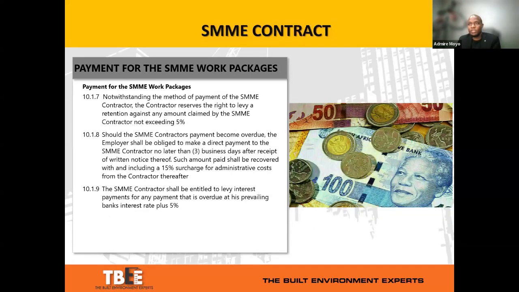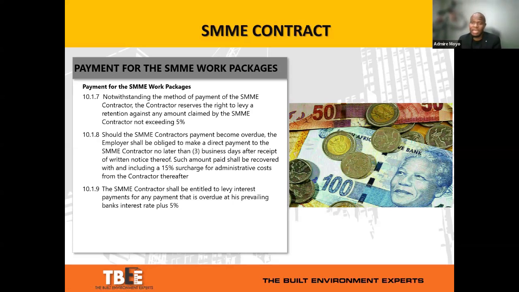And then, notwithstanding the method of payment of the SMME contractor, the contractor reserves the right to levy a retention against any amount claimed by the SMME contractor not exceeding 5%. So we've kept it there to say that whatever is retained by the contractor should be a maximum of 5%. Again, it's explaining it beforehand in a contractual framework, as opposed to what's currently happening, where amounts are withheld and SMMEs don't understand why.